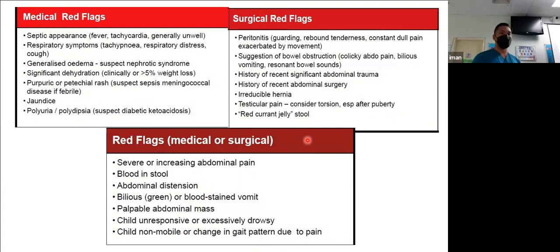But then both can be combined if patient ada severe increasing abdominal pain, blood in stool, abdominal distension, and then ada palpable abdominal mass. For child, the kid is unresponsive or excessively drowsy. So basically for the medical and surgical ni is more direct lah kalau macam patient ada peritonitis ke apa. But then if it's very vague apa, so it can be either medical or surgical.